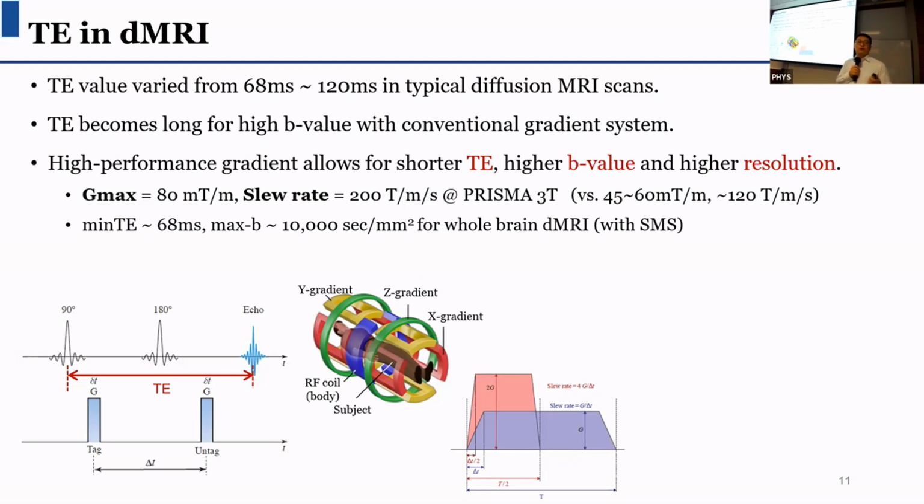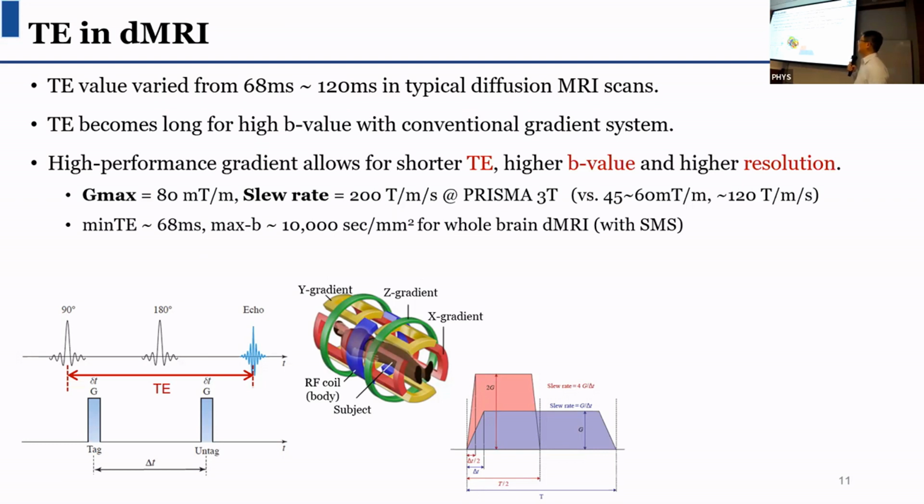For example, if you're using Prisma, you can make the B value not only below 3,000, you can go even higher to 10,000, which I tested a lot in our center. And you can also choose to make your resolution from 2 millimeter isotropic voxel to 1.5 or 1.7 millimeter isotropic voxels. So as I'm saying, with Prisma you can do a minimal TE of around 70 and a maximum B value around 10,000.